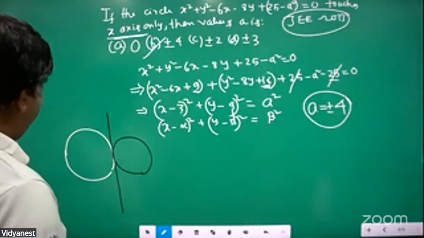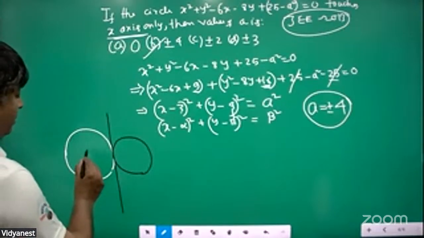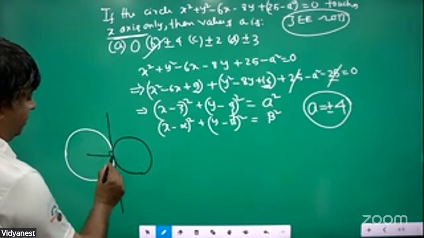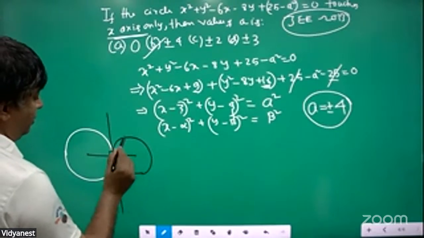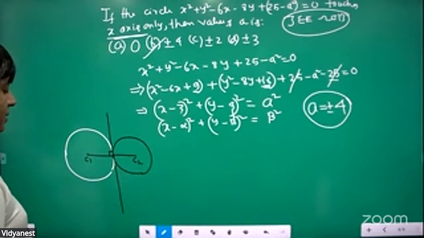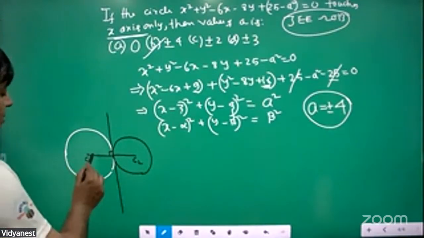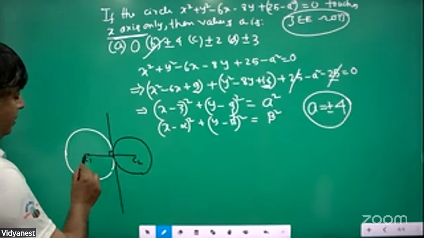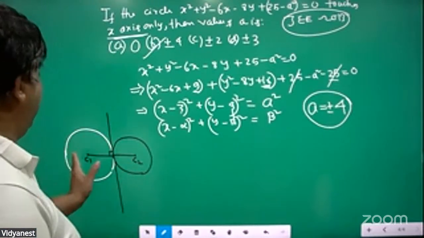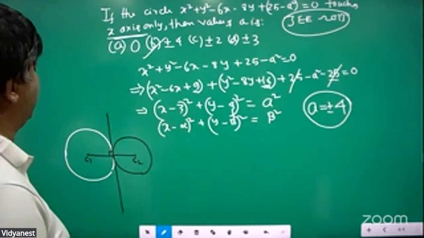They touch each other, means if I draw perpendiculars in both cases, C1 and C2 are the centers. In both cases, these two lines pass through the centers because we know radius and tangent are perpendicular to each other.